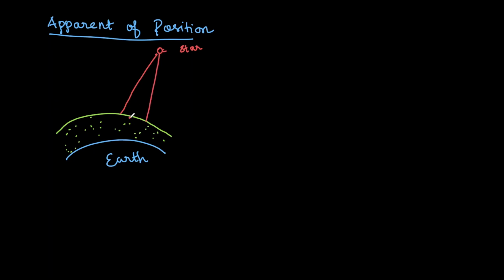When it is entering, there will be a mixture of gases. So the density of the atmosphere makes the starlight bend like this, because the speed of light decreases when it is reaching the atmosphere.